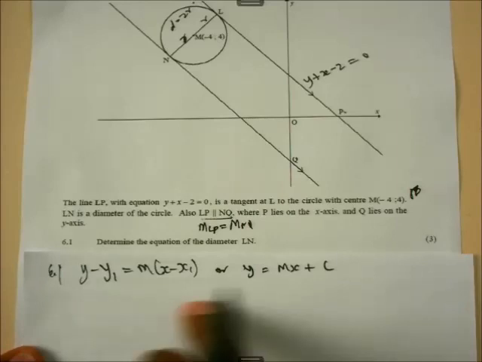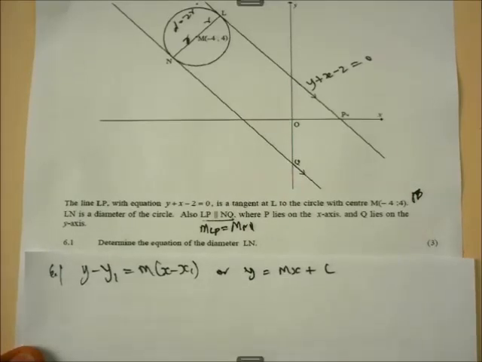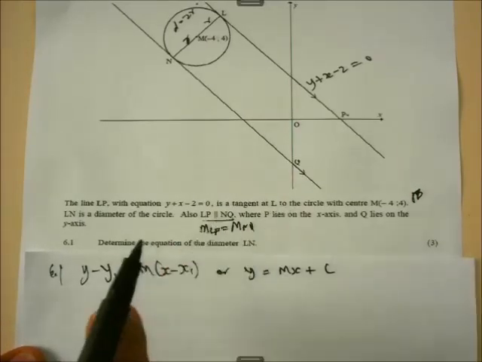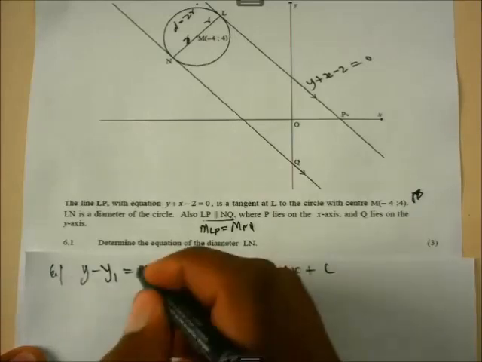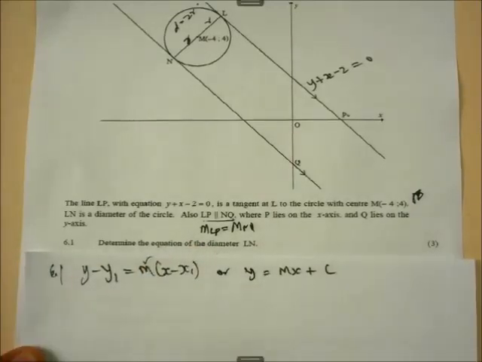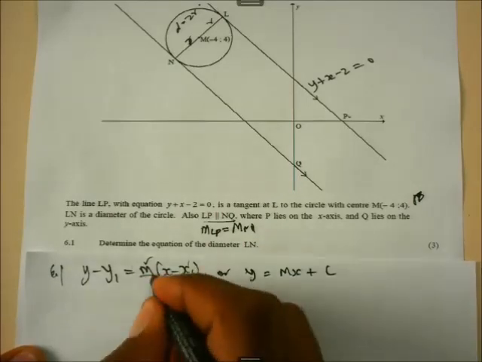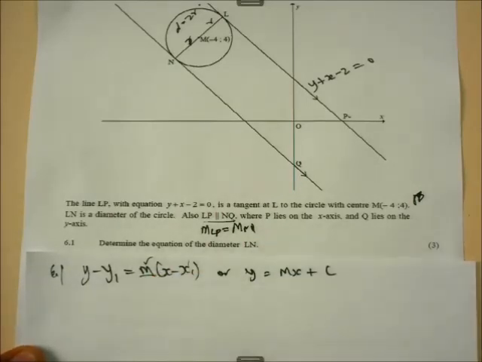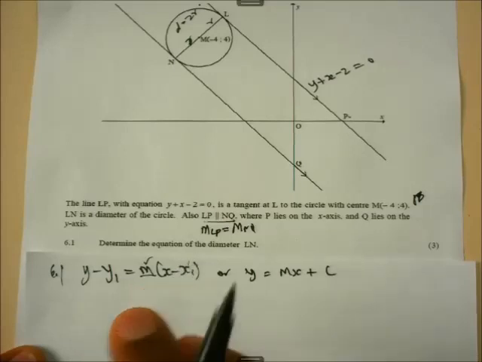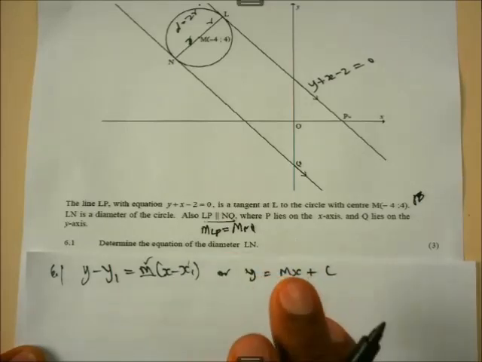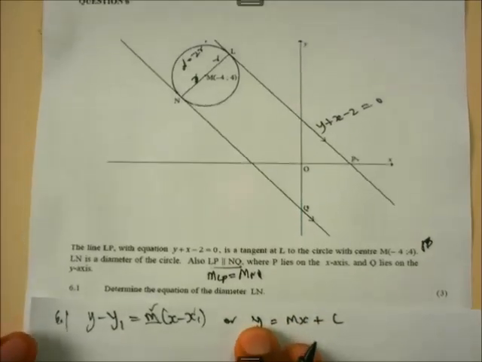Once you have the formula, you can identify that to use it, I need the gradient of that line as well as a point on that line. For me to determine the gradient, I need two points on the line, right?